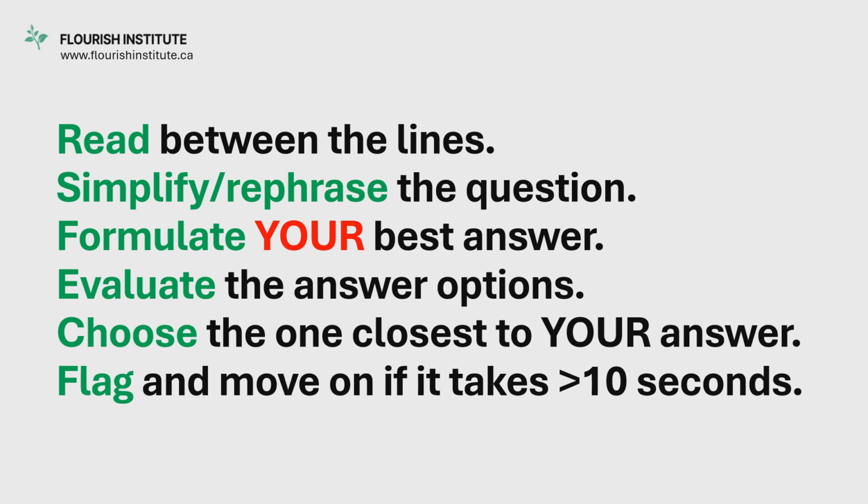But this way of using your gut feeling is a lot more structured, right? There's a lot more evidence that goes into it. So you can be a lot more confident in your gut feeling because you've gone through reading between the lines, because you've rephrased the question, and because you've formulated your own answer and then also evaluated all the answer options, where you're choosing the one closest to your answer.